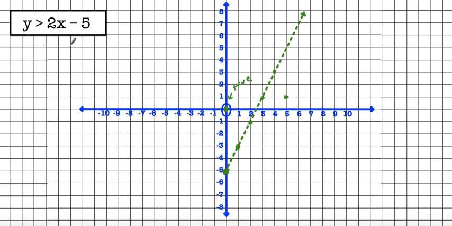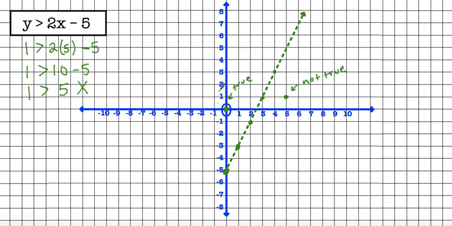The y value here is 1, so 1 is greater than 2 times 5 minus 5. So 1 is greater than 2 times 5 is 10 minus 5, which is 5. 1 is not greater than 5, so this is not true, making this point not true.